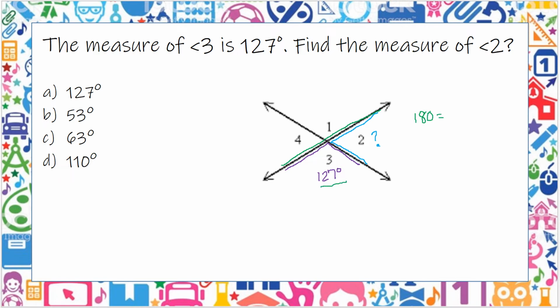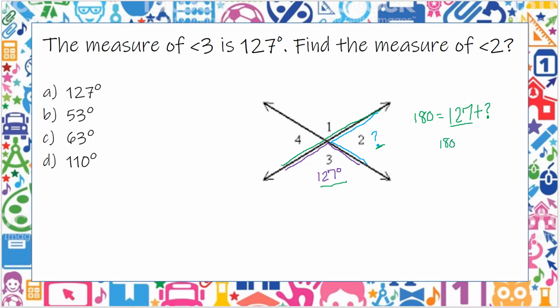So I'm going to add up 127 plus our question mark. You could have named it X, you could have named it anything, but you're going to add those two together to get 180. Well, we don't know what our question mark is there. So we're going to do the inverse operation of adding 127.